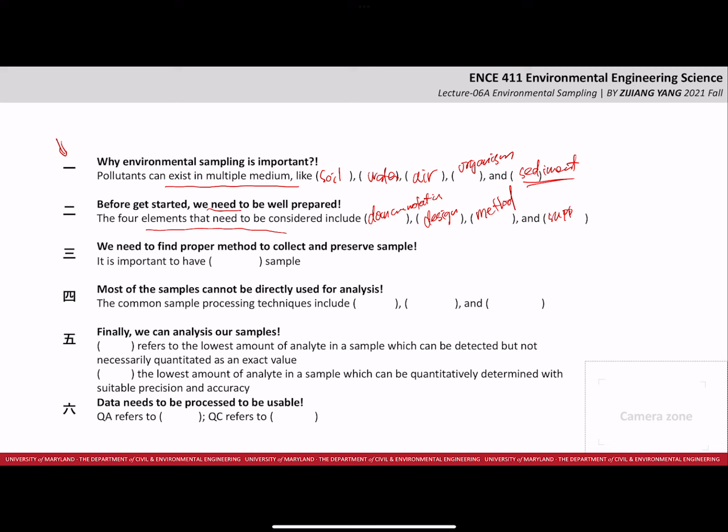Yes. And it is important to have what sample? Representative, yes.